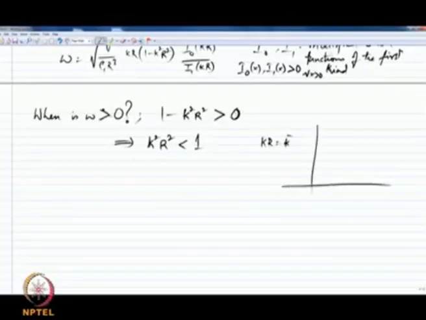So, if I was to plot omega versus k, the number 1 on this k bar has a meaning. Now, if I was to plot the rest of this dispersion diagram, again for all k bar greater than 1, omega is actually negative.